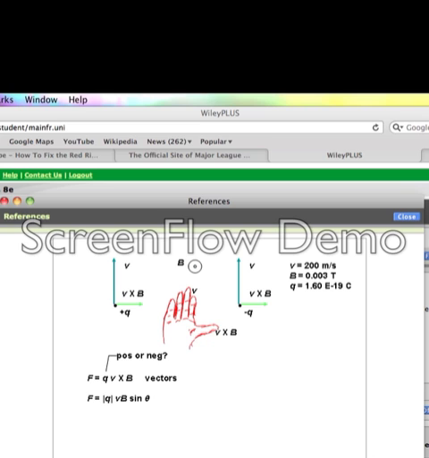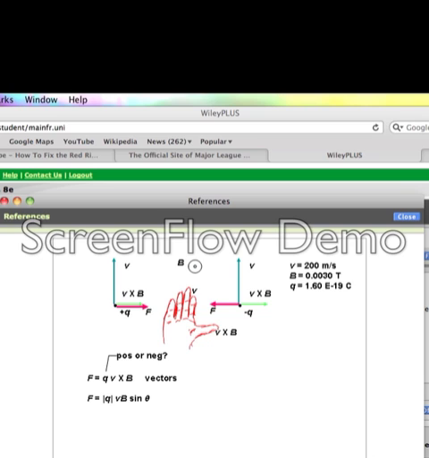For the particle on the left, which is positive, the F vector is in the same direction as V cross B. No flipping going on here, but on the right side of the screen for the negative particle, the F vector is flipped or reversed from the direction of the V cross B vector.